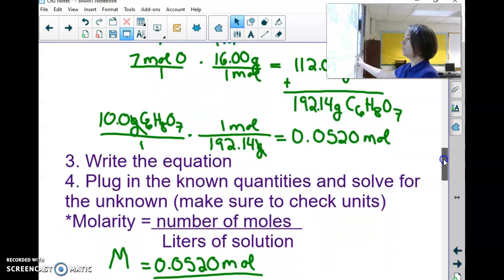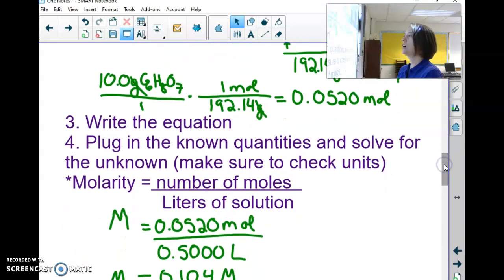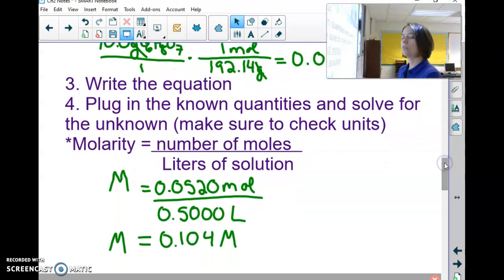So if I had a 1 molar solution, I would have 1 mole, which would have a mass of 192.14 grams. Let's round that up to 200, make it easy. But I don't have a whole liter, I have half a liter. So if I had a 1 molar solution, half of 200 grams is 100 grams.